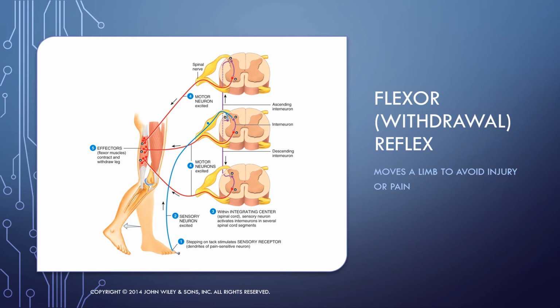Just like the other reflexes though, this is an ipsilateral reflex, so it occurs on the same side that the stimulus comes on. Because nerve impulses from one sensory neuron ascend and descend in the spinal cord to activate interneurons in several segments of the spinal cord, this type of reflex is called an intersegmental reflex arc.